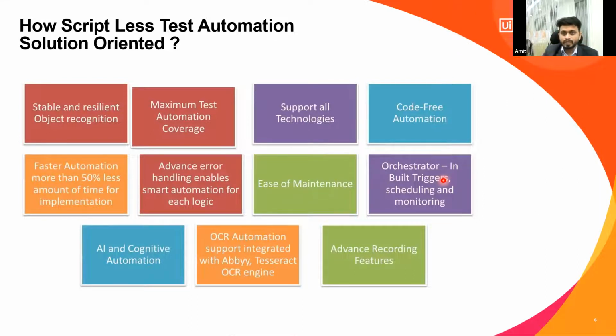So everything we can control, we can monitor, we can orchestrate. Okay, so that's again one of the good features we get with the scriptless test automation tool. You don't need to go to that particular automation machine where test scripts are running. You can just monitor from your dashboard, and you will get entire logs and entire execution details as well.